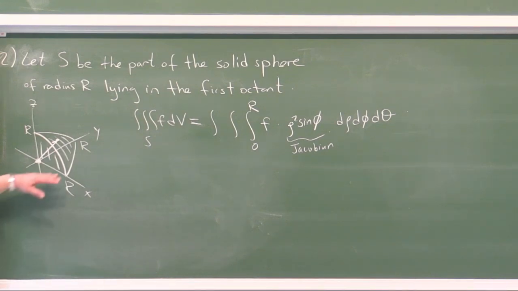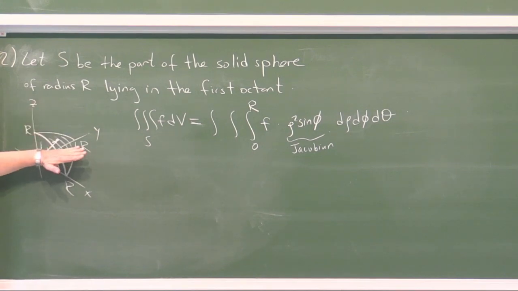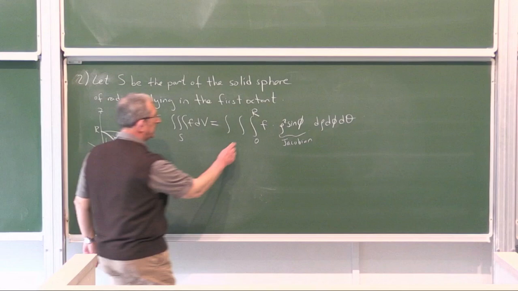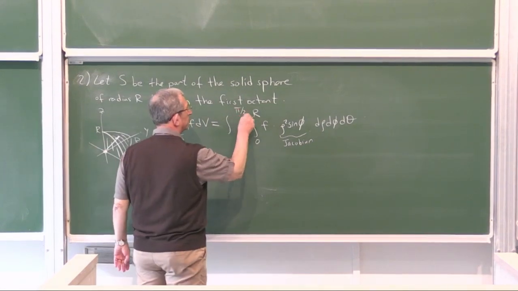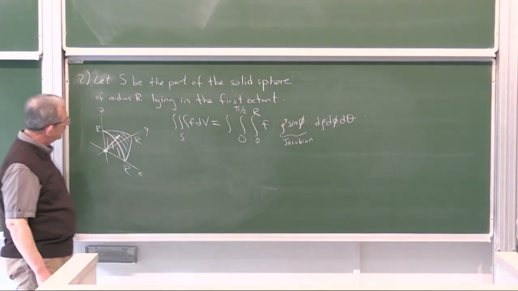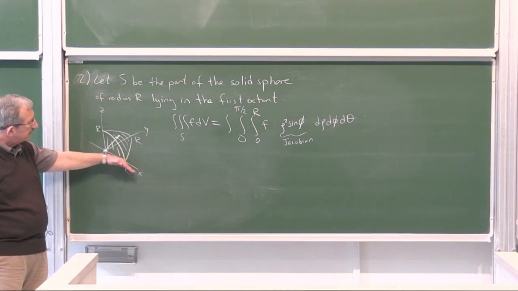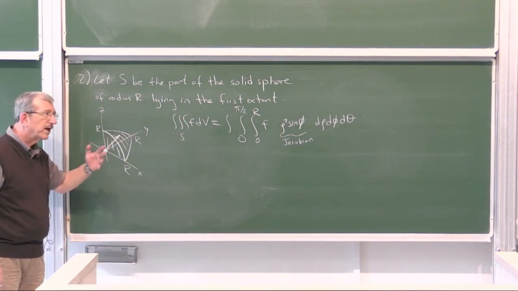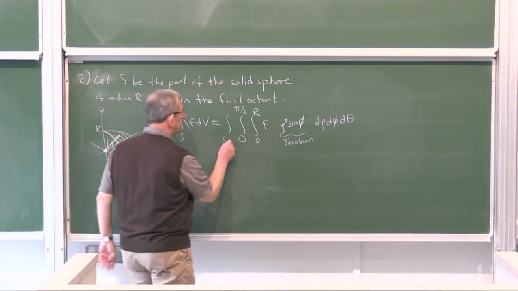Now, phi starts from the positive z-axis, increases up to the xy plane, which means that the angle spanned is pi over 2. So it starts from 0, but goes to pi over 2. Now, theta starts from the positive x-axis, goes up to the y-axis, which is, again, 0 to pi over 2.